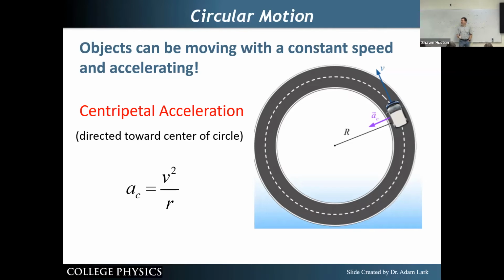So this entire chapter, we just deal with stuff moving in circles at a constant speed. Later on, chapter 8, we'll deal with things changing speed as they move in a circle.